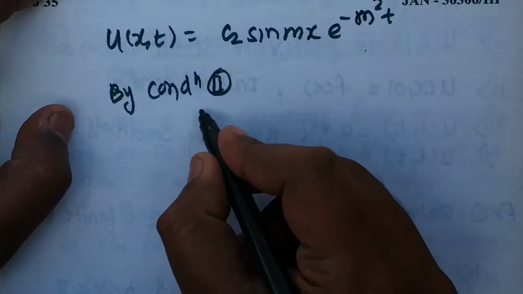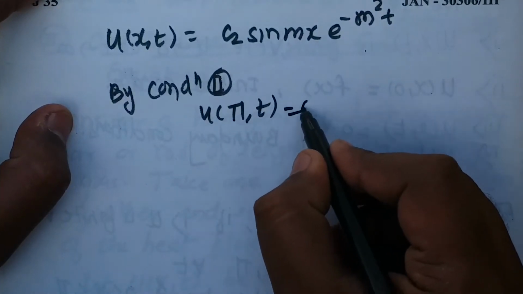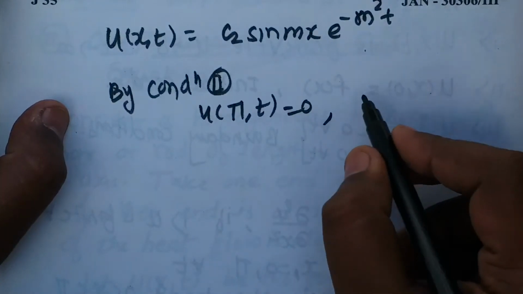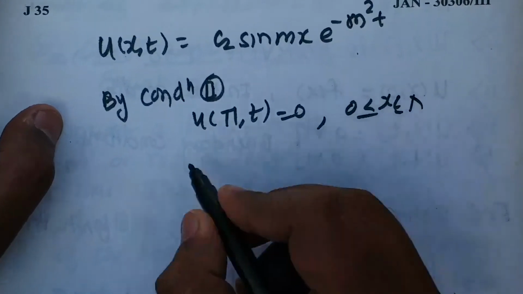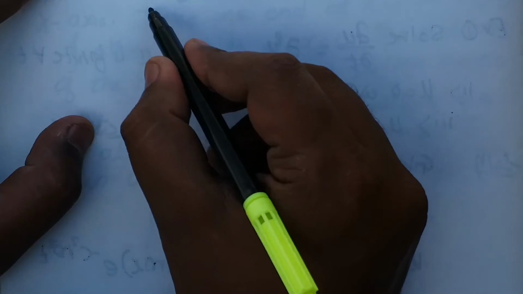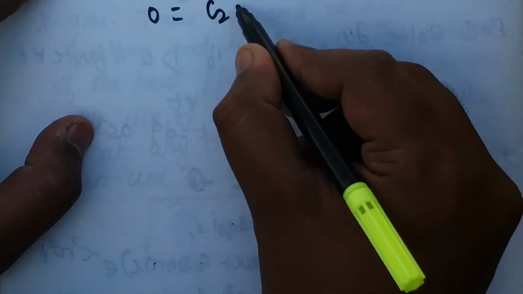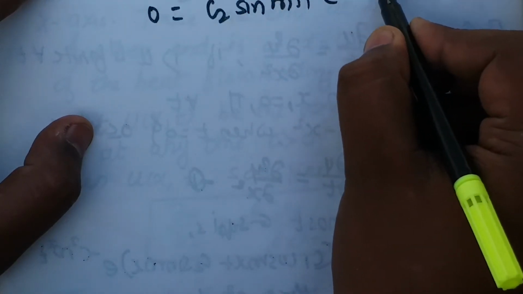By condition 2, when x is pi, at that time also temperature is 0: u of pi comma t at the second boundary point, for 0 less than x less than pi. So this will imply, put x equal to pi, we'll get 0 equal to c2 sine m pi e raised to minus m square t.